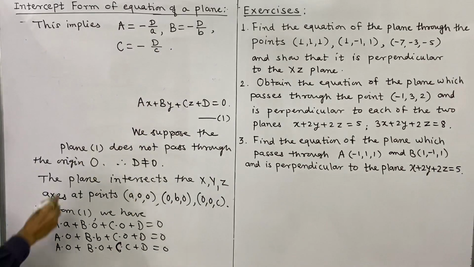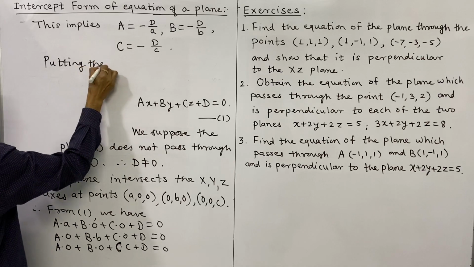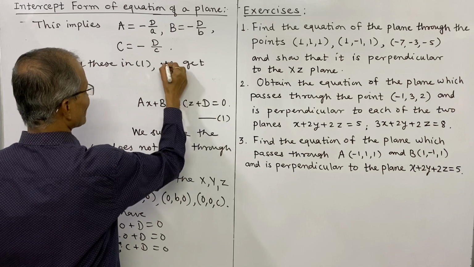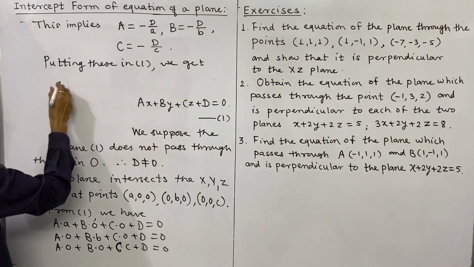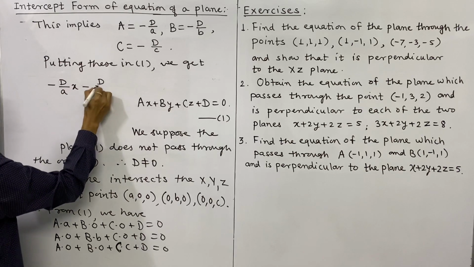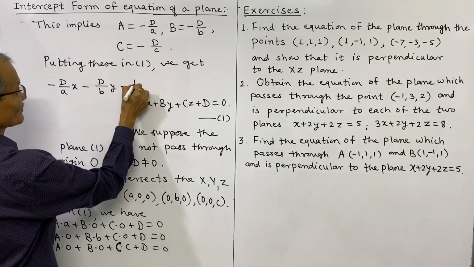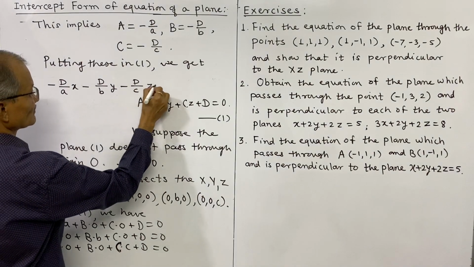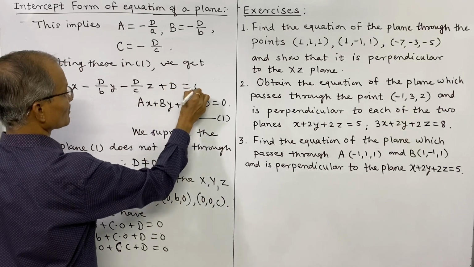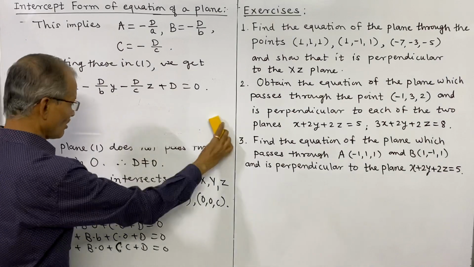So putting these in 1, we get: capital A is minus d divided by a, into x, minus d divided by b into y, putting the values of A, B, C in this, and plus d is equal to 0. This is the equation that we have obtained.